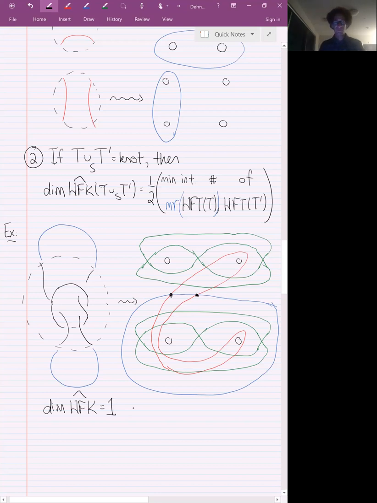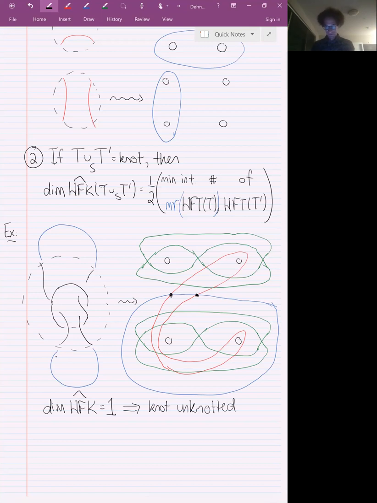And by what we saw before, the unknot is the only knot with 1-dimensional knot Floer homology. And so we see that our knot is unknotted. And you can verify this by just doing a little isotopy of this knot here and seeing that it is indeed unknotted. So we are getting the right result when we're doing this pairing.